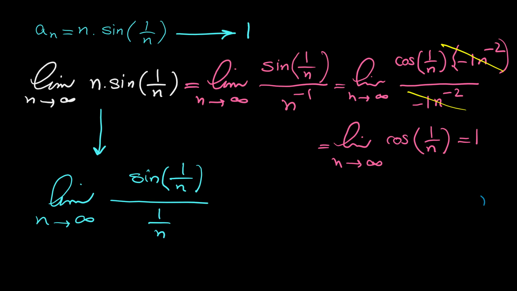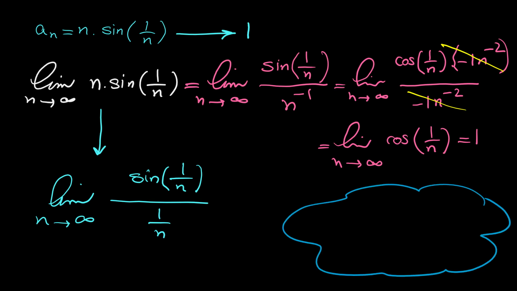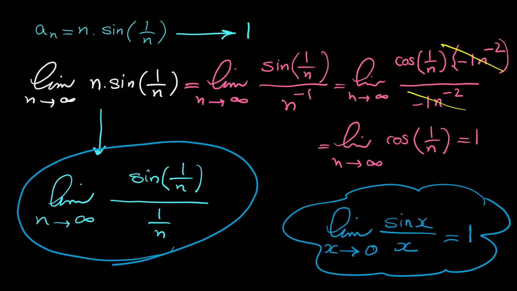Now let me remind you of something from limits of trigonometric functions, which is this important relation: the limit of sine of x over x when x approaches 0 is 1. If you remember this relation, we can use it for the limit that we have here.